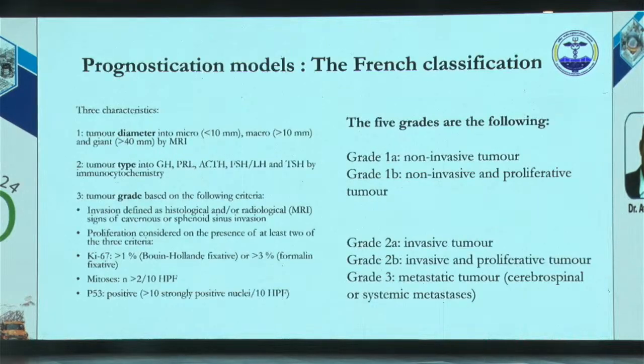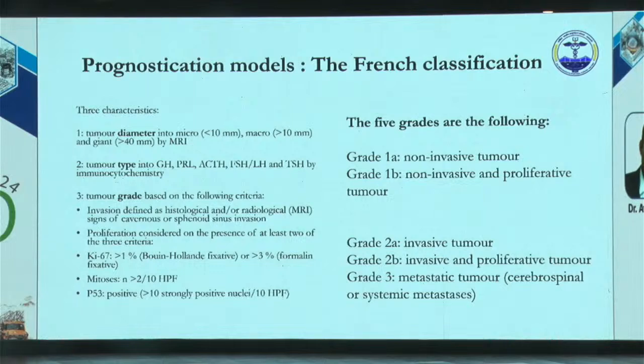There is a recent classification given from a French group based on which you can grade the resistance or you can anticipate the resistance. From grade 2A onwards, you can expect that the tumor will be resistant.